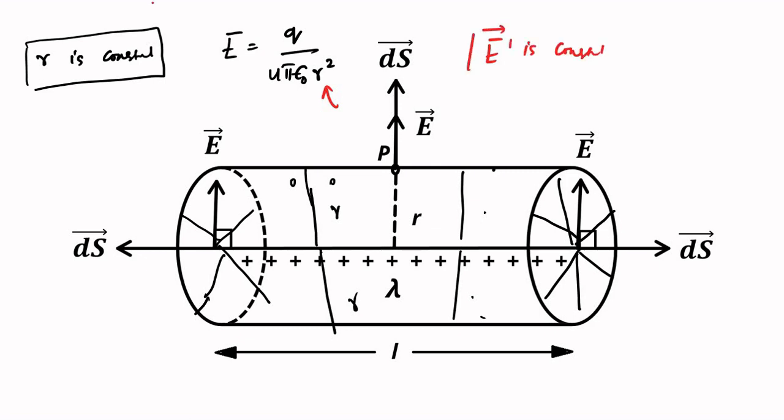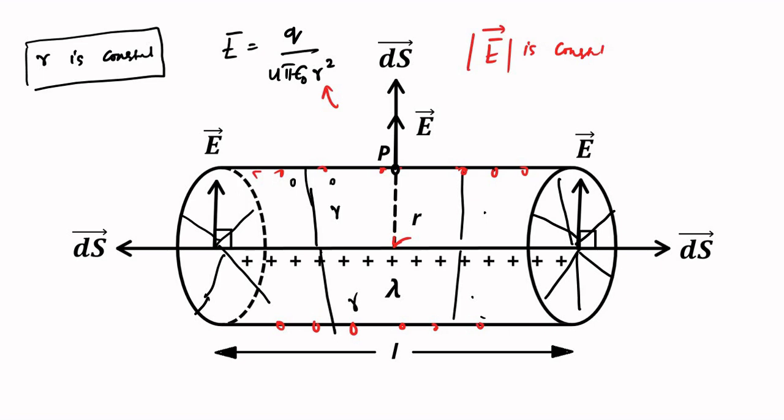The magnitude of electric field will be constant. Its direction may be different, but the magnitude is constant, because the distance r of all the points on the cylindrical area from this wire is constant.